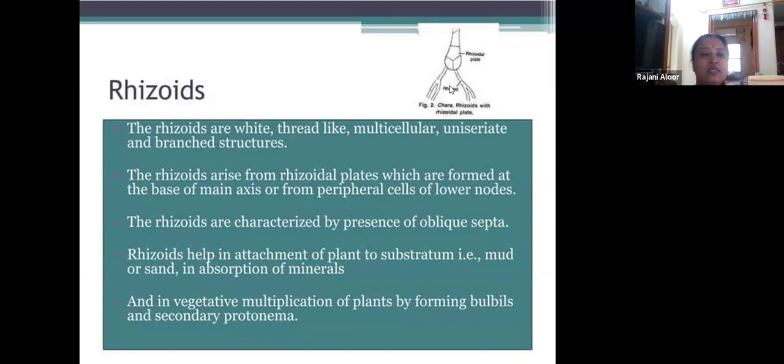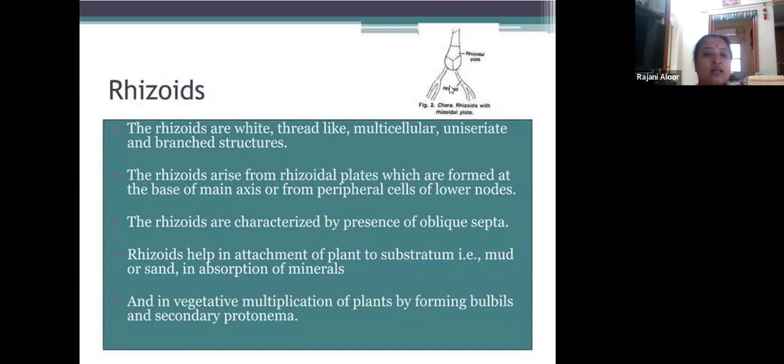What are the rhizoids? Rhizoids are white in color, thread-like, multicellular and branched. You can observe the picture. Here, rhizoids also have branching. Yes or no? Branched structure. The rhizoids arise from rhizoidal plates which are formed at the base of the main axis, or from peripheral cells of lower nodes.